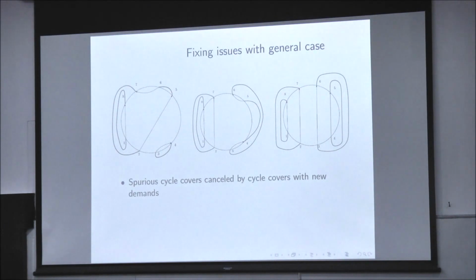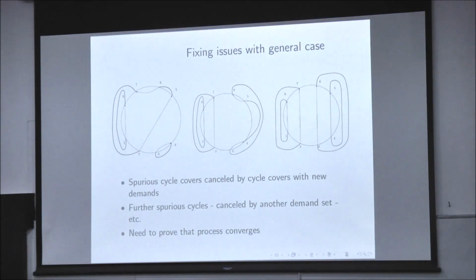And these we can again cancel out by another set of new demands. And so we have a recursive procedure which you sum up over all these determinants, and finally you get to the parallel case, which was the base case that we saw.